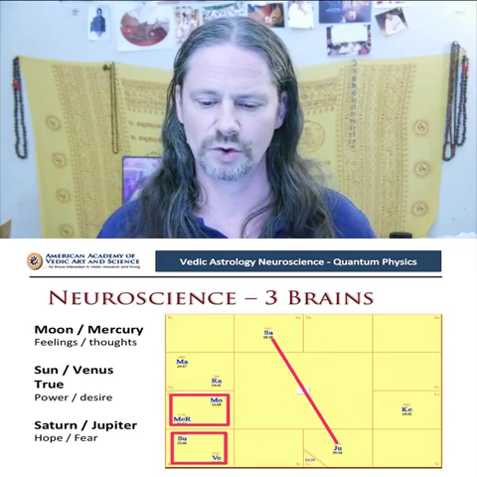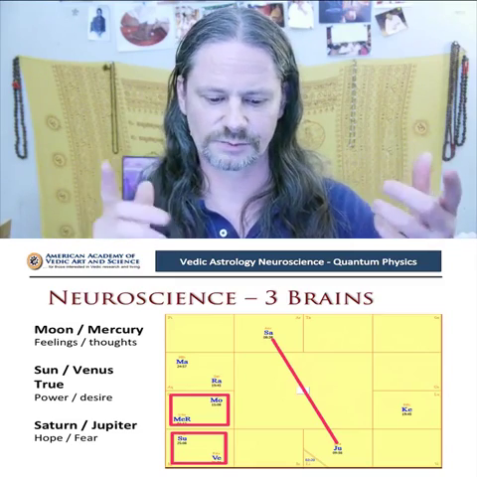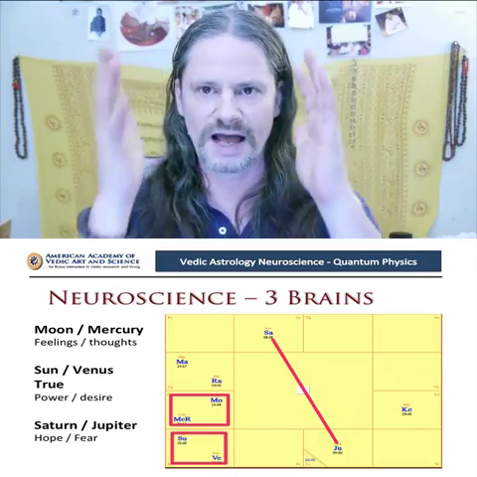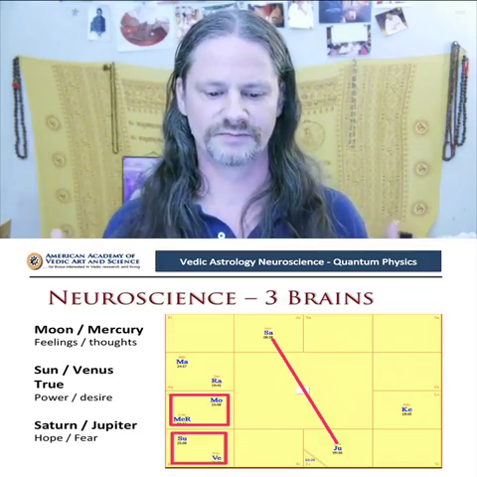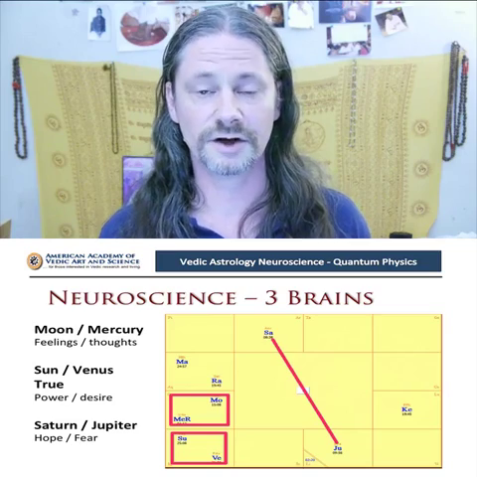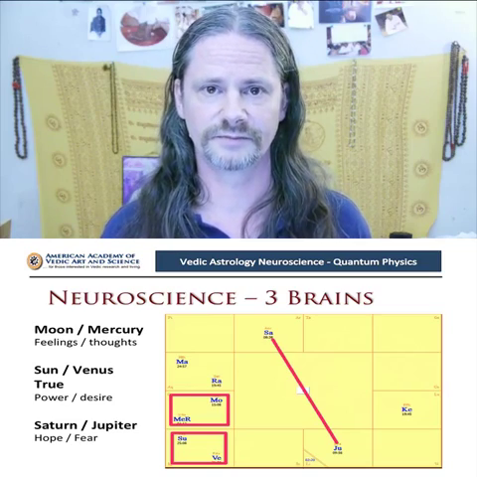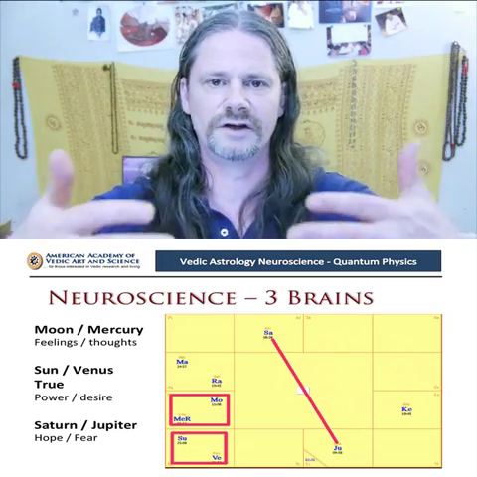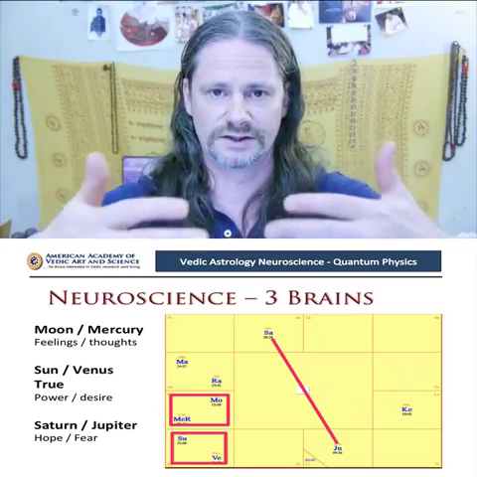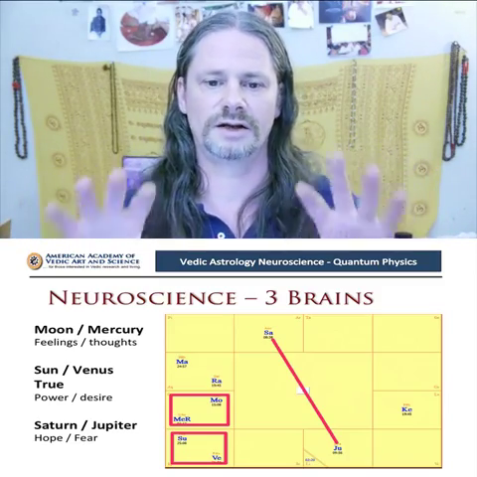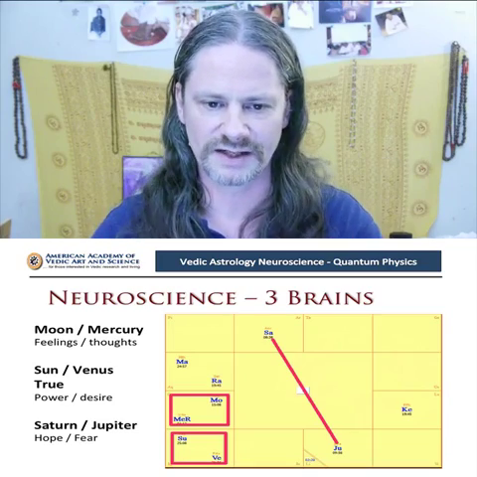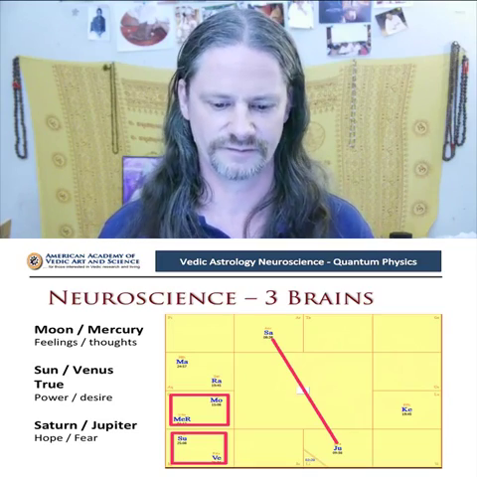You can see this person has Moon Mercury. It's a battle between their feelings and their thoughts. Feelings, the feelings of the moon, are sattvic. They're just wanting to give love. The moon just wants to connect with others through the heart, like a mother with a child, like us with our pets, just the feelings we have.